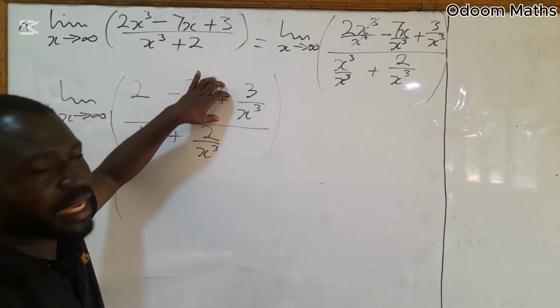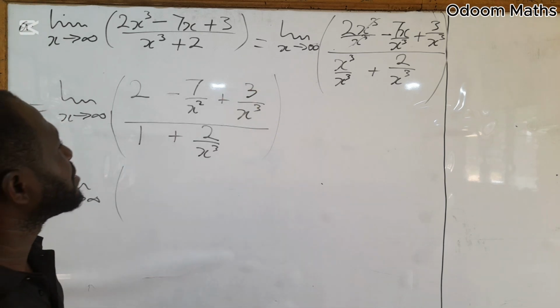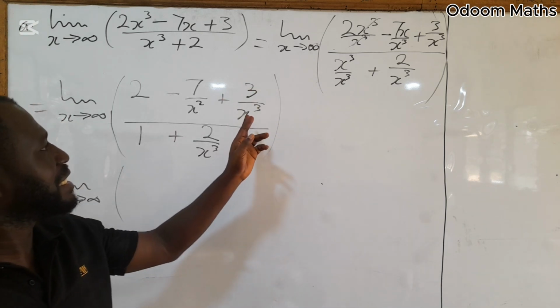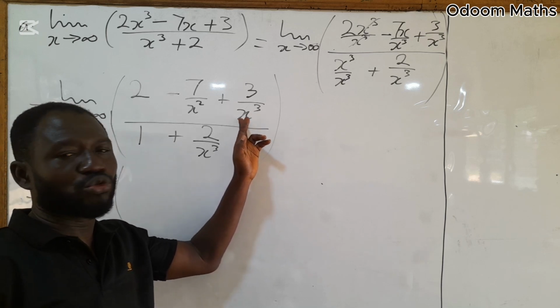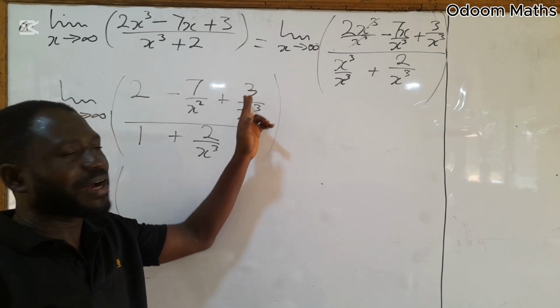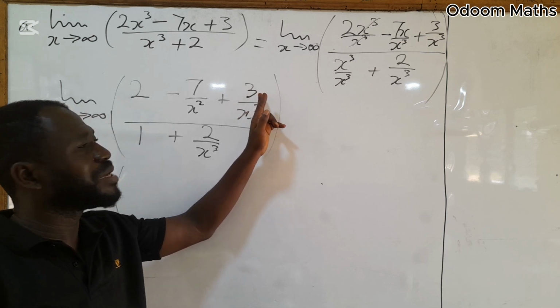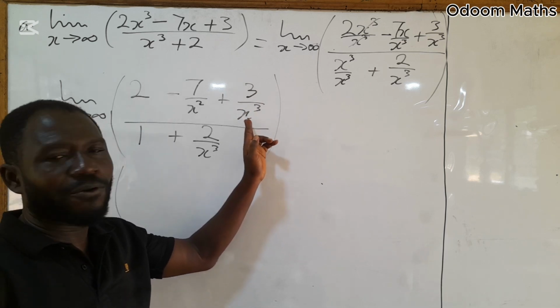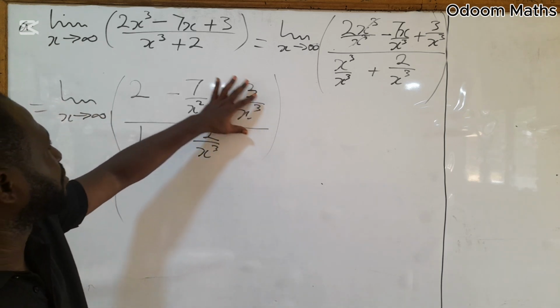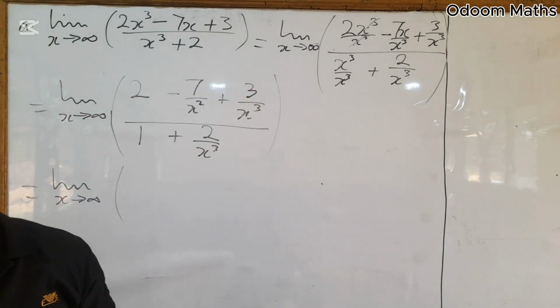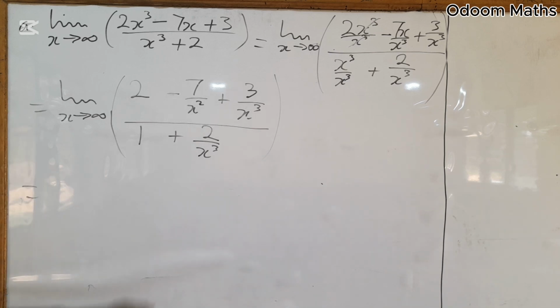So we can put 0 here and then put 0 here. Because if I divide 3 by x cubed, let's say x is 2, then it will be 3 over 8. If I make it 4, then it is even closer to 0. So as x becomes large, we just need to put 0 here.